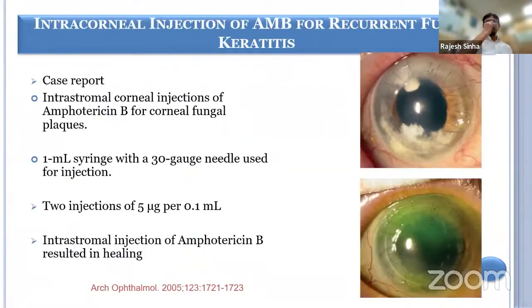We had earlier also published case reports and case series of intrastromal injections in fungal keratitis. This was published long back in 2005 when we had injected intrastromal amphotericin B. And with 2 injections, the infiltrates disappeared almost completely, and it worked quite well.